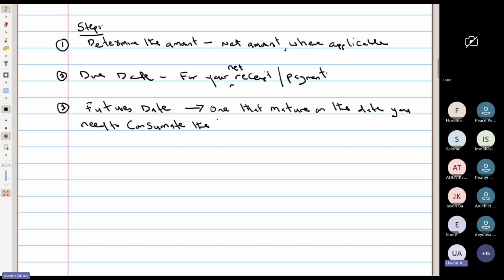But if I don't have a futures that is maturing on June 30th, I'm going to buy the next one that is maturing after that date. So if the next one matures in July, that is the one we would buy. So it has to be the one that's maturing on the date or the next available one. So that's pretty straightforward.